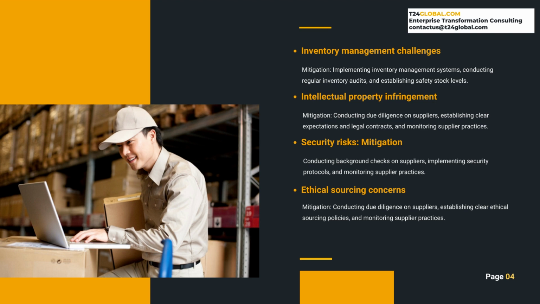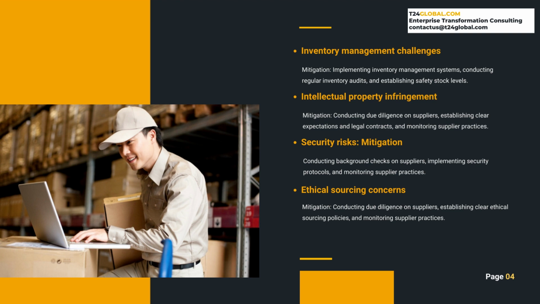Ethical sourcing concerns can lead to reputational risks, regulatory non-compliance, and legal liabilities. To mitigate such risks, organizations need to conduct due diligence on suppliers, establish clear ethical sourcing policies, and monitor supplier practices.